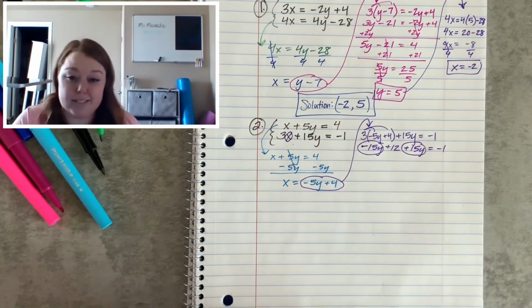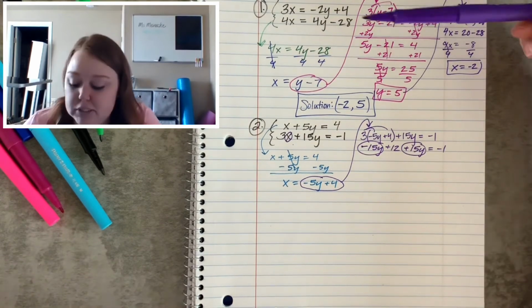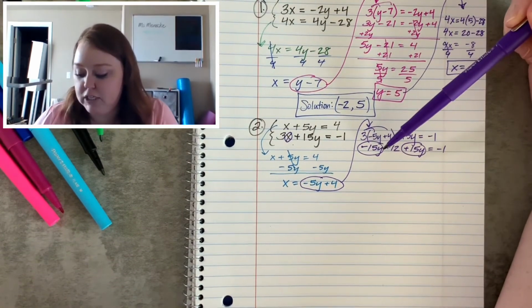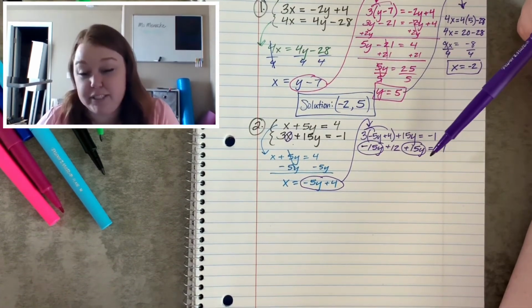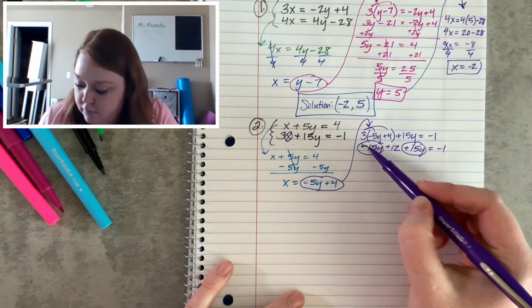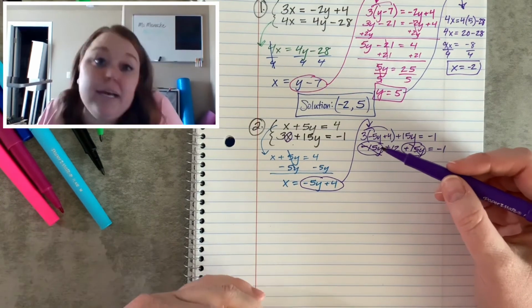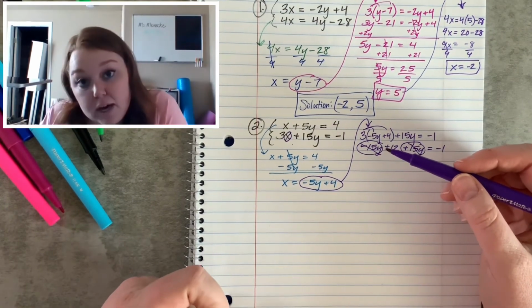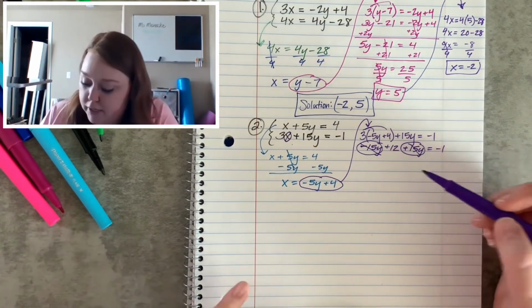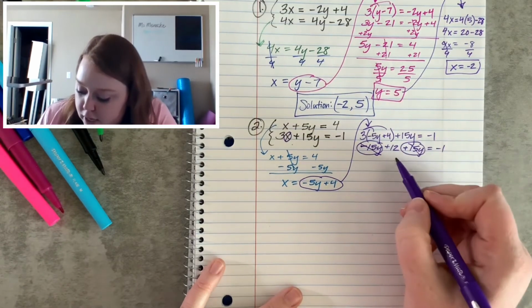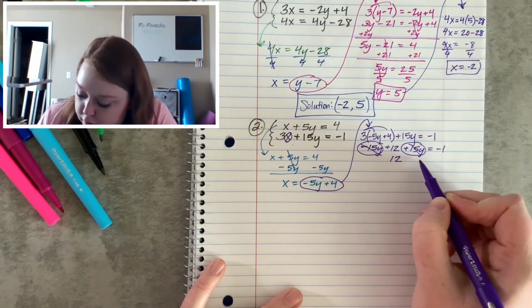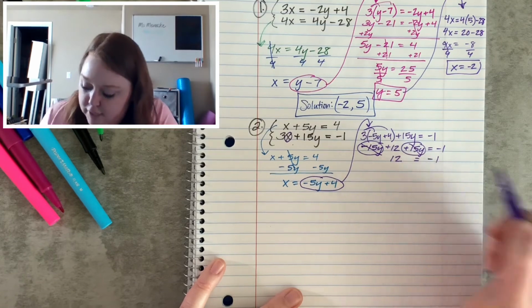So I can put my y's together and then look what happens. Negative 15y plus 15y. That's 0y. It cancels. I'm not even going to write 0y because 0 times y is just 0. So I show that they cancel out and I'm left with 12 equals negative 1.